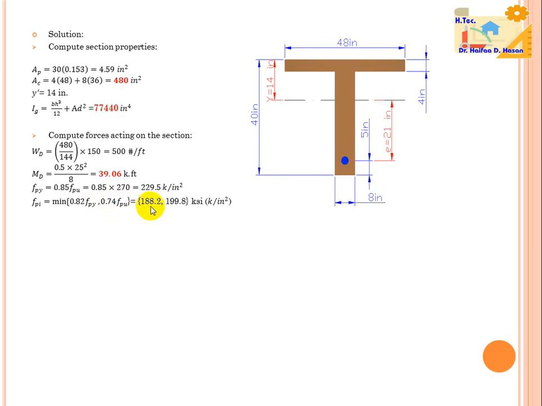Here the minimum stress equals 188.2 ksi. And also calculate the initial pre-stressing force by multiplying the initial pre-stress by the area of pre-stressing steel we calculated at the top.